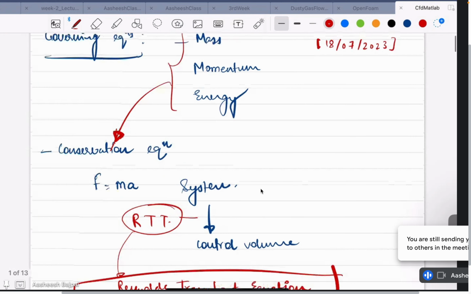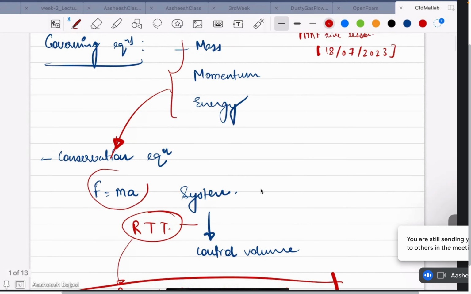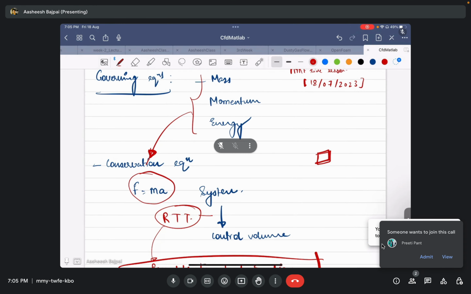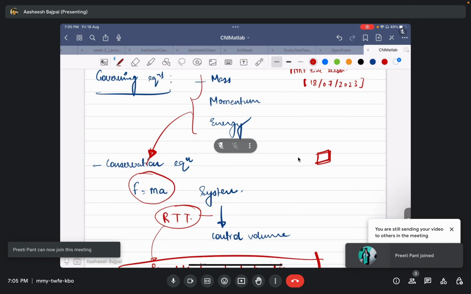We can apply the physical laws to the system, but for fluid, we have this control volume, and we need to apply that to the control volume.